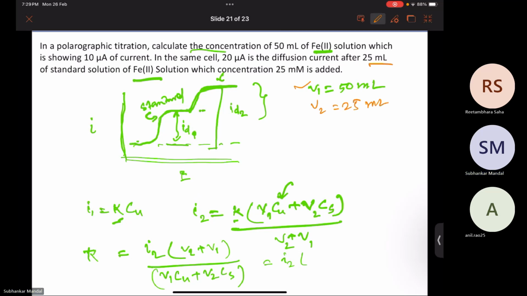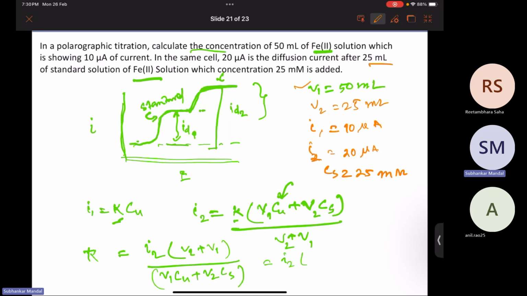Then the current values for calculating the concentration of the unknown solution: I1 is given as 10 microampere, and for the same cell, the diffusion current with the standard solution, I2, is given as 20 microampere. And Cs is given as 25 milliampere. So what will be the answer?